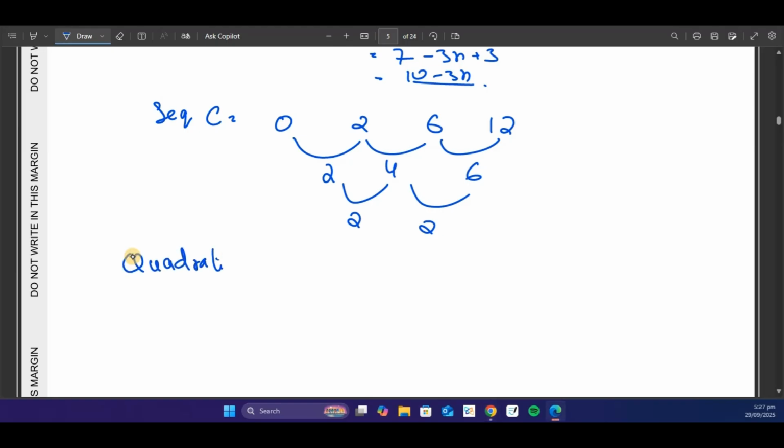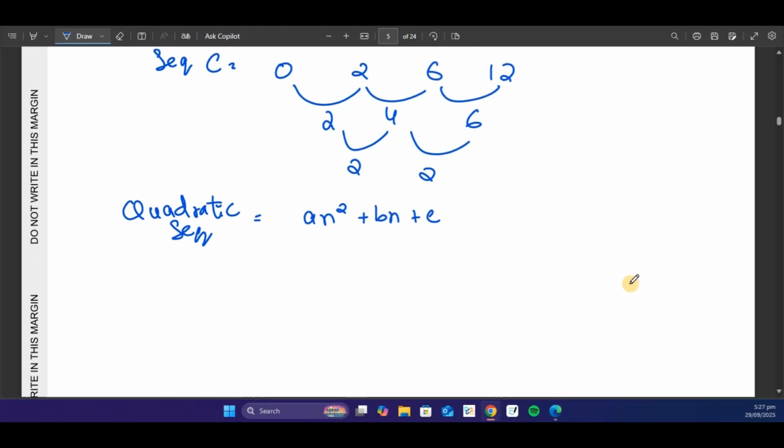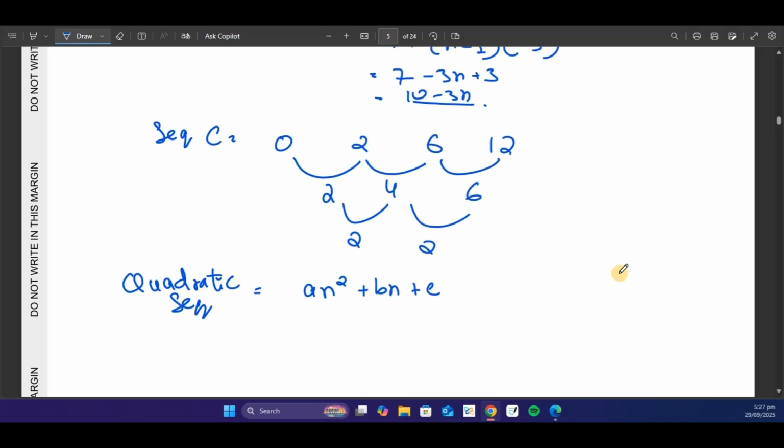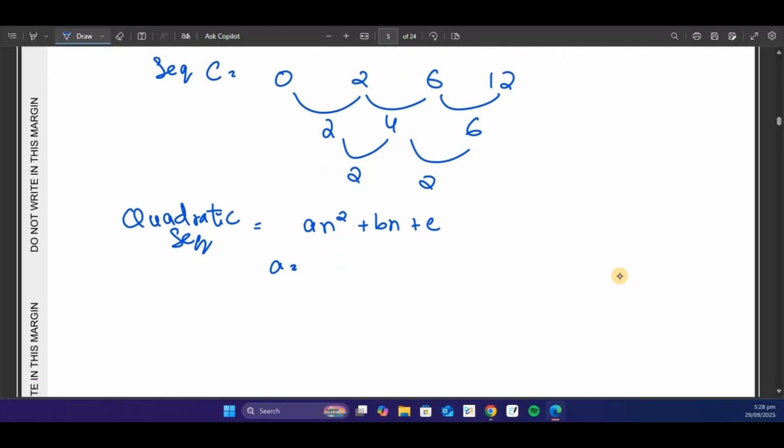So a quadratic sequence, which is an squared plus bn plus c. We need to figure this out. So a is 2 over 2, which is 1. And then for the rest of it, 3a plus b is equal to 2.